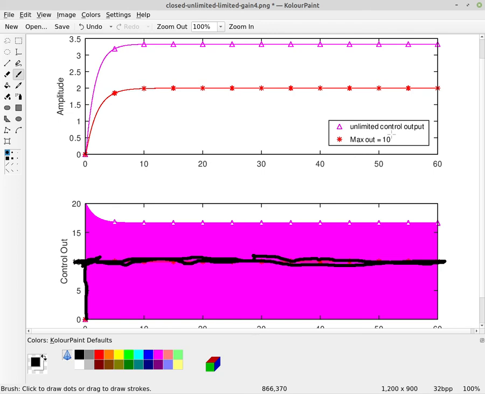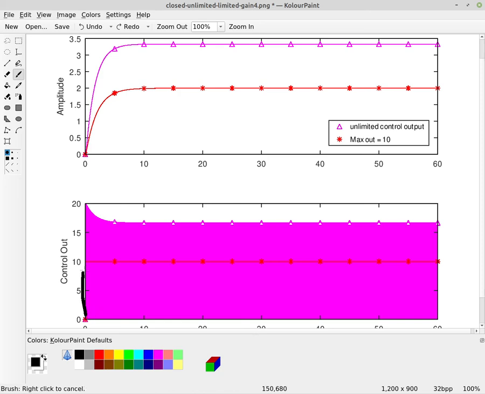But remember, this is a closed loop system, and so it will respond to disturbances. But it's kind of limited in what it can do, because you're basically maxing out your control. So you're trying to respond, but you've maxed out your control.